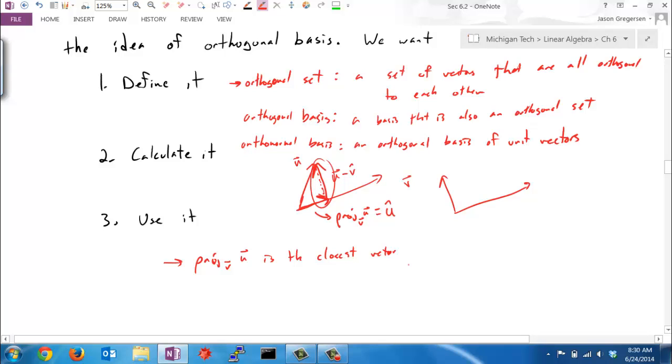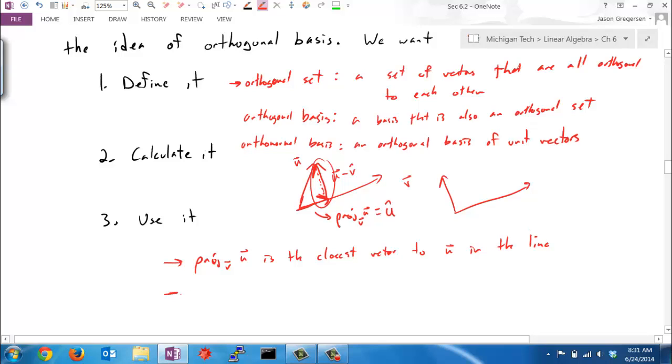If I look at all the different vectors along this line, this vector is what I would call the vector that's closest to u. It's closer to u than maybe this vector. This vector doesn't look like u at all. This one's the closest to u. We'll see that in other areas where it may make more sense. So it's the closest vector to u in the line. So the projection will talk about closeness.